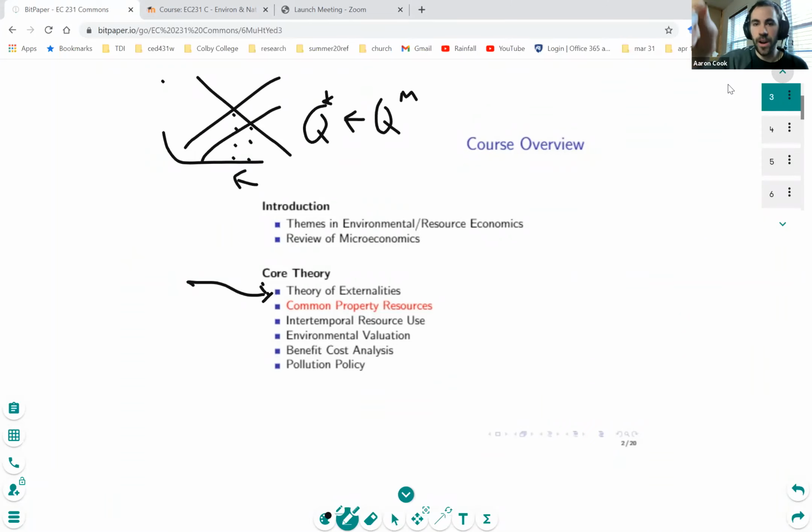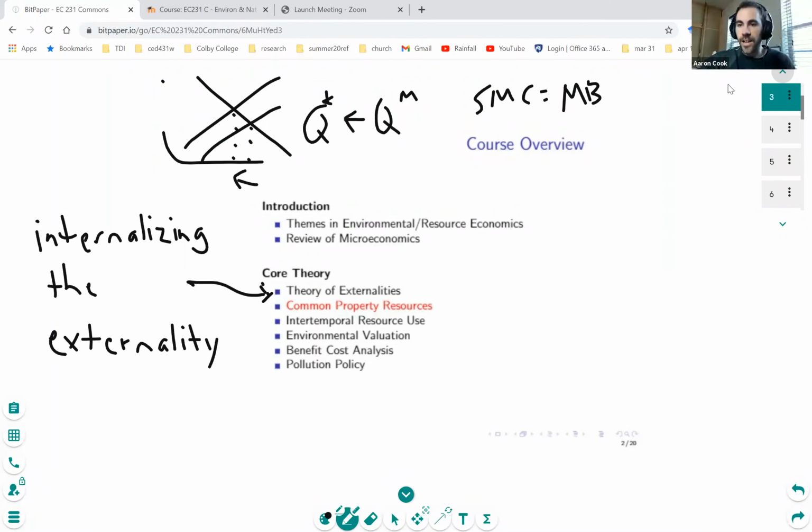That's the place where social marginal cost equals marginal benefit. And if we set a Pigouvian tax which gets us to Q star, that's called internalizing the externality. The externality was previously outside of the transaction. It was not being accounted for.